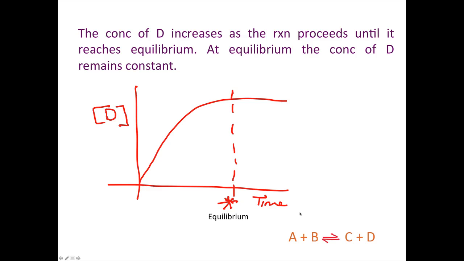But as A and B start to react together, the concentration of D will increase. But there will be some point in time where this curve is going to flatten out, meaning that as time passes, the concentration of D no longer changes. And when the concentration of D remains constant, we say that the reaction has reached equilibrium.